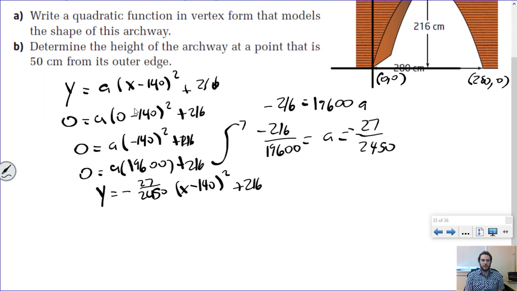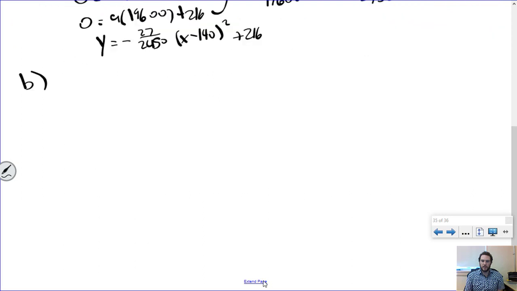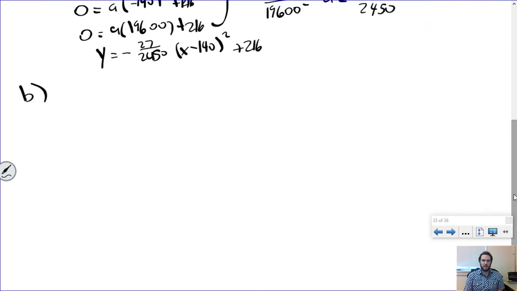Now I can use my new equation to help me find answer B. We're going to take this 50 and plug it in for x, and that'll spit out our answer y. So for question B, we use our new equation with the value 50 for x.